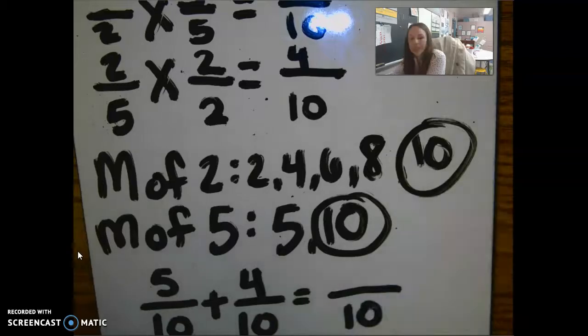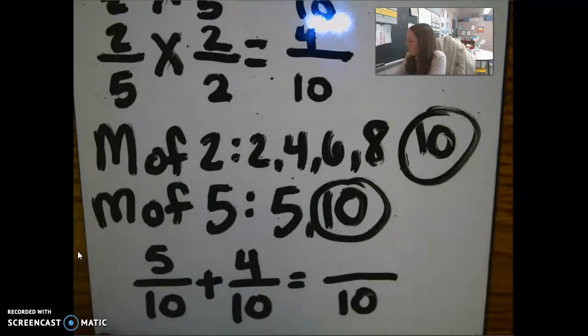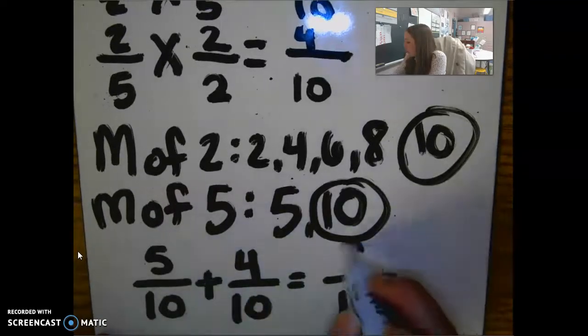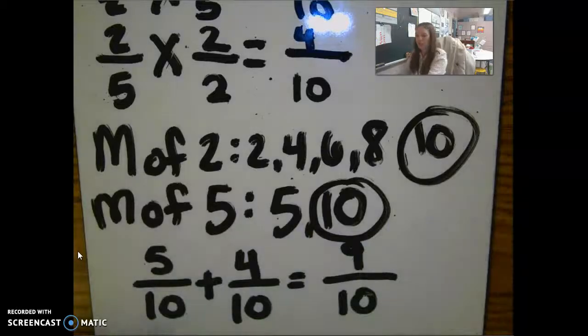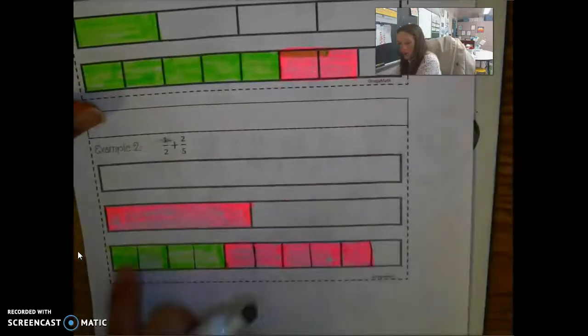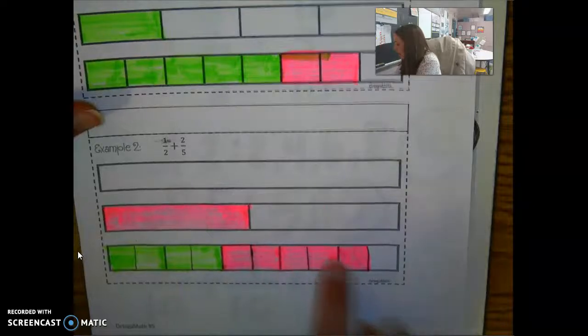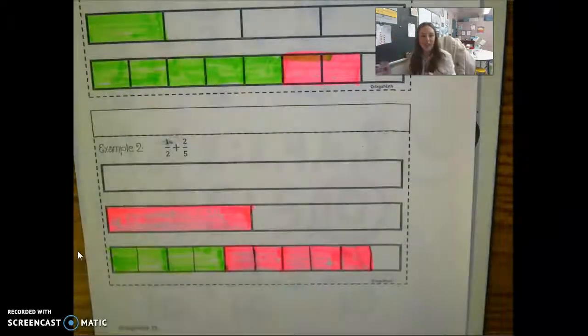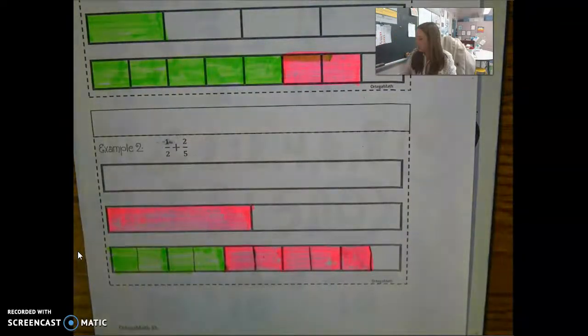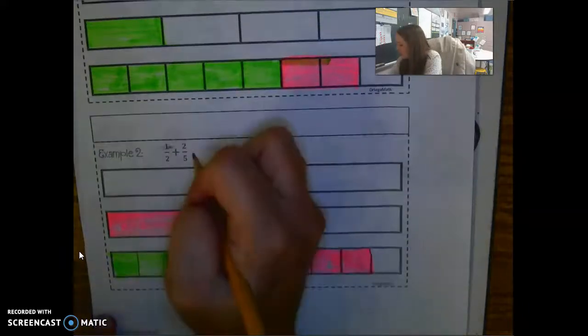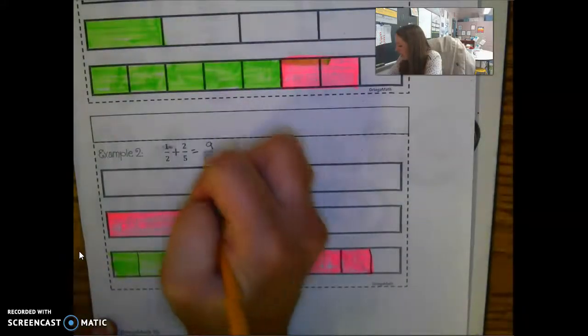My denominator stays the same, and 5 plus 4 is 9. Is that what we got in our strip diagram? 1, 2, 3, 4, 5, 6, 7, 8, 9. That's exactly right. So 1/2 plus 2/5 equals 9/10.